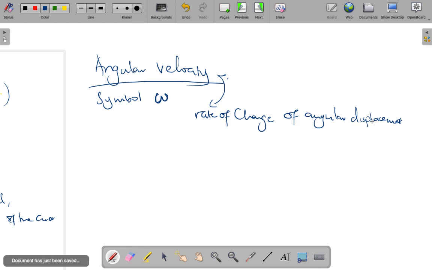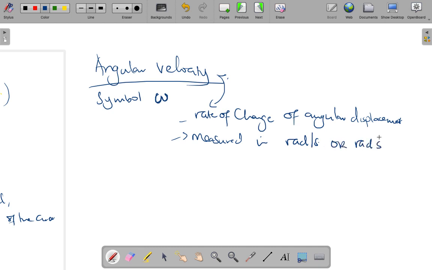Okay, so rate of change of angular displacement, and it is measured in rads per second. This is how we write rads per second, or that, either way it is all correct.